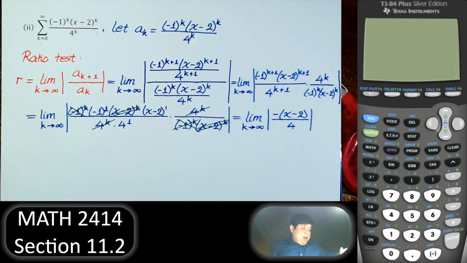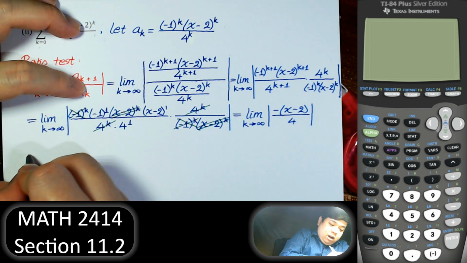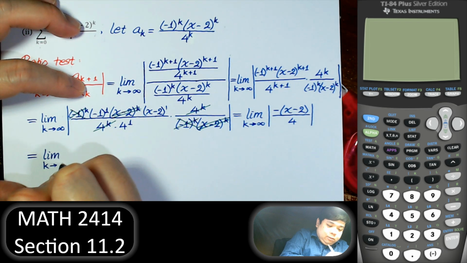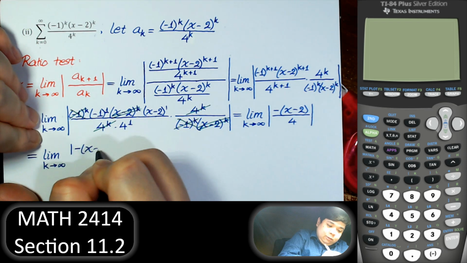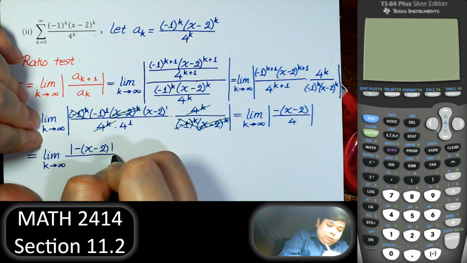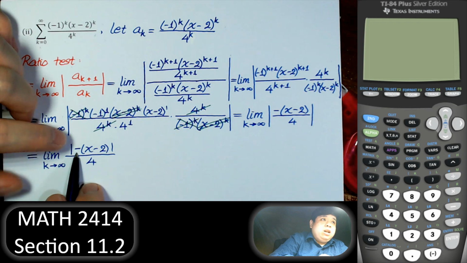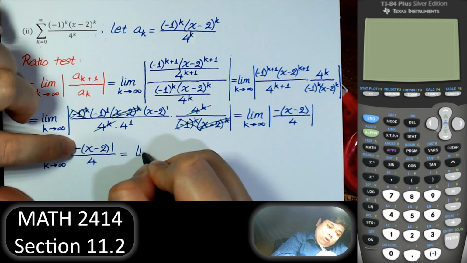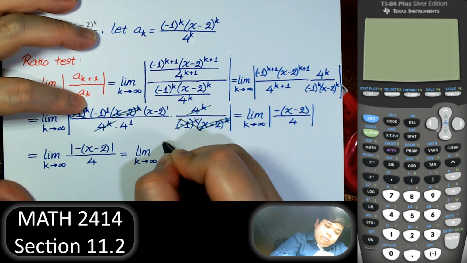Now, we still have absolute values. The 4 at the bottom is positive, so we only need the absolute values on the top. And absolute values make it positive either way, so I'm going to drop this negative sign because of the absolute values.